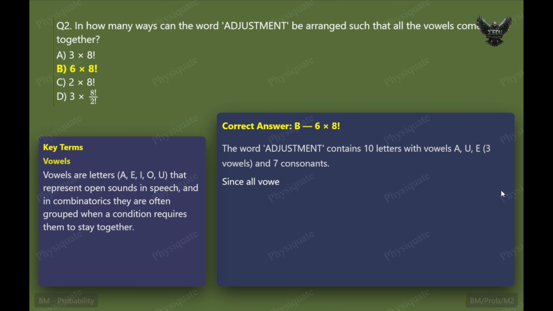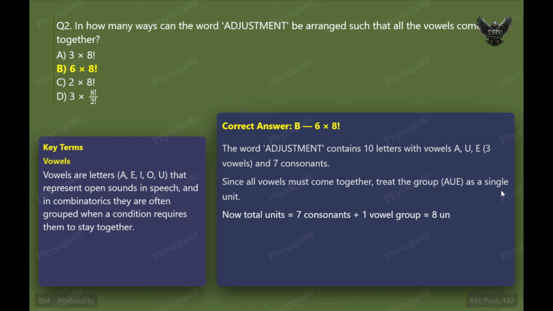Since all vowels must come together, treat the group AUE as a single unit. Now total units equals 7 consonants plus 1 vowel group equals 8 units. These 8 units can be arranged in 8 factorial ways. Let us examine permutation.